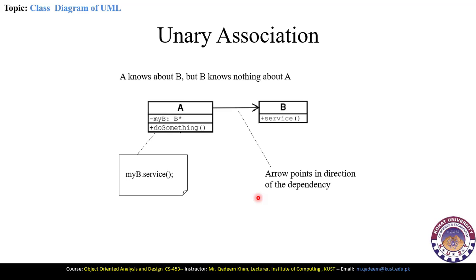Another important relationship is called the unary association relationship. In the unary association, communication is performed from one class to another, but not from the other back to the first class. You can see that minus myB is a private object of the B class, and doSomething is a function in A, but service, which is a public function, is accessed through the myB object.